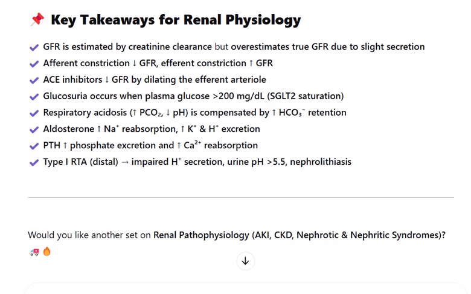Respiratory acidosis, with high PCO2 and low pH, is compensated by HCO3 retention. Aldosterone increases Na+ reabsorption, K+ and H+ excretion. PTH increases phosphate excretion and Ca2+ reabsorption. Type 1 RTA: distal, impaired H+ secretion, urine pH 5.5, nephrolithiasis.